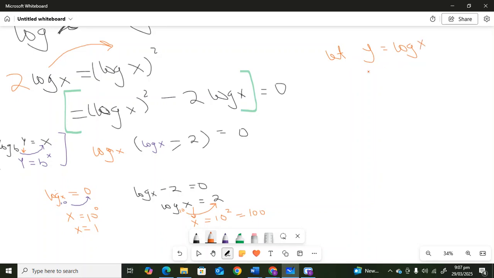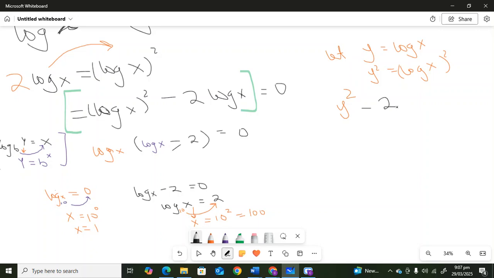Therefore, if you square y, it becomes log x squared. So this log x squared, substitute it with y squared, minus this log x, substitute it with y.